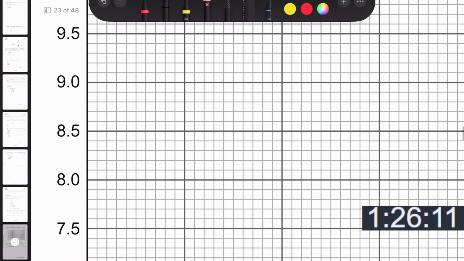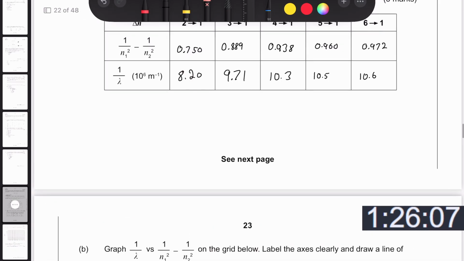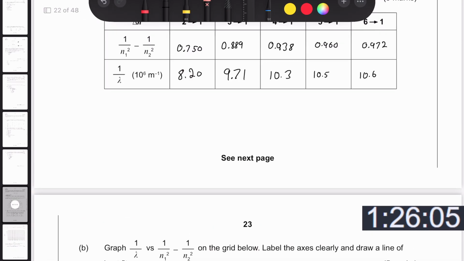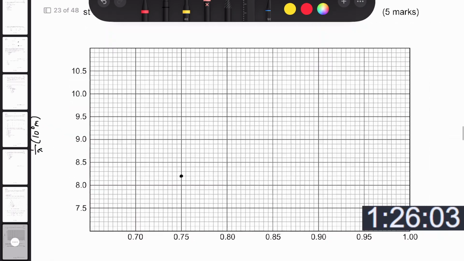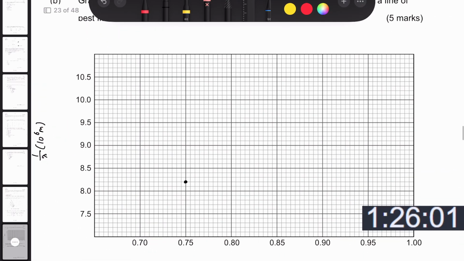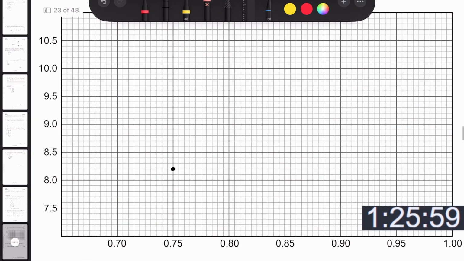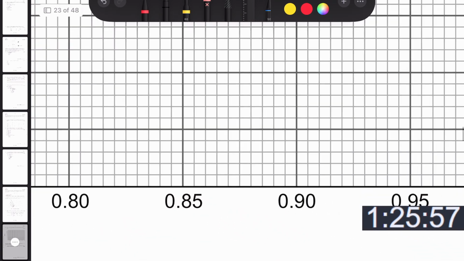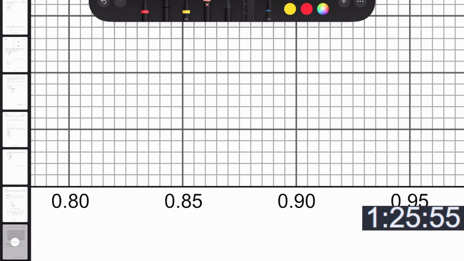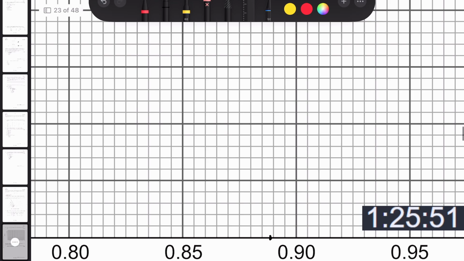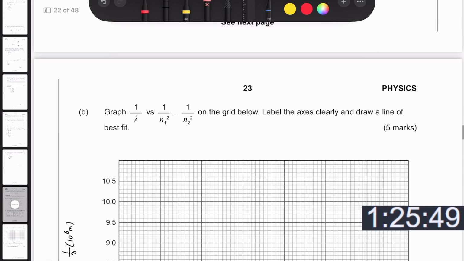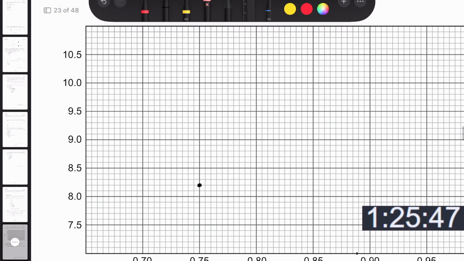At least this graph is nice to plot. Then 0.889 and 9.71.